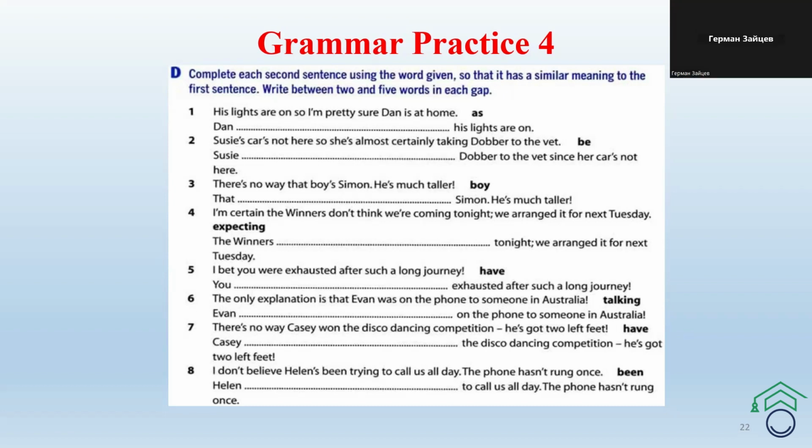The sentence is negative, we are very sure about something we are talking about. That's why we use can't or couldn't. That boy can't be Simon, or that boy couldn't be Simon. He's much taller.